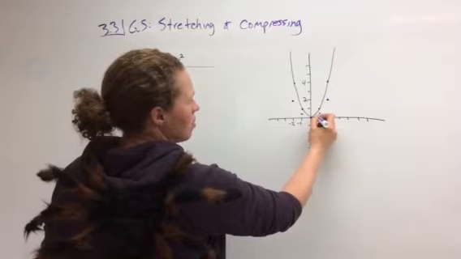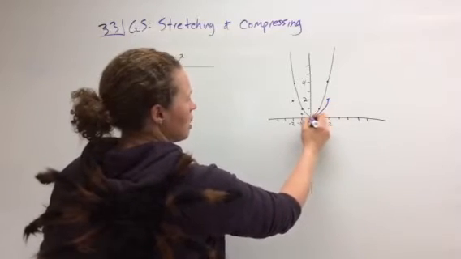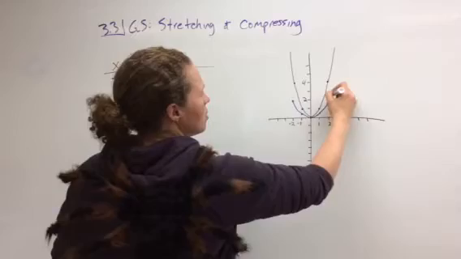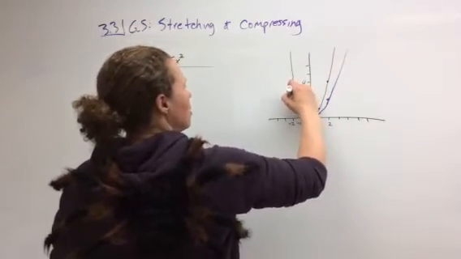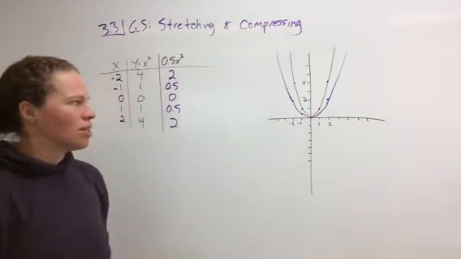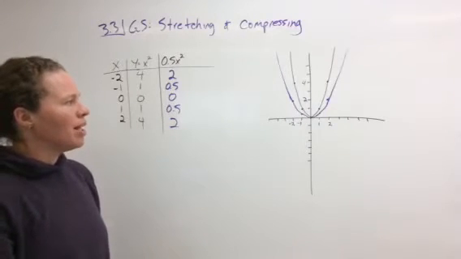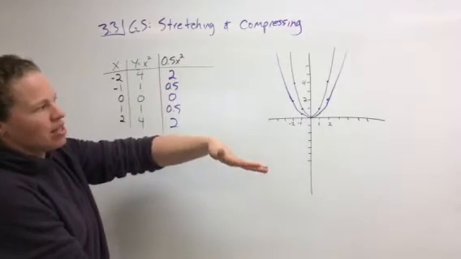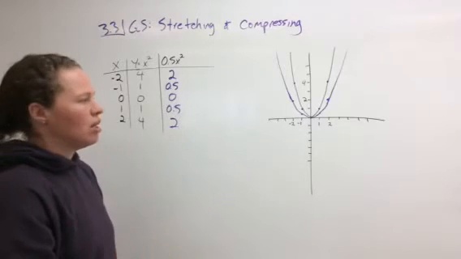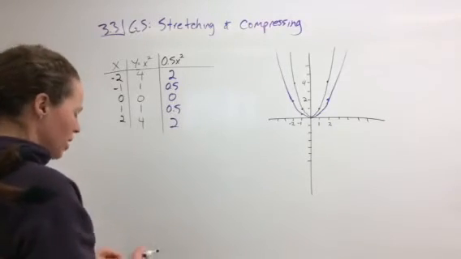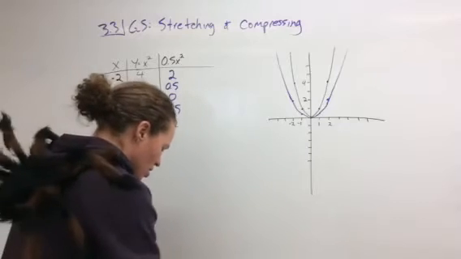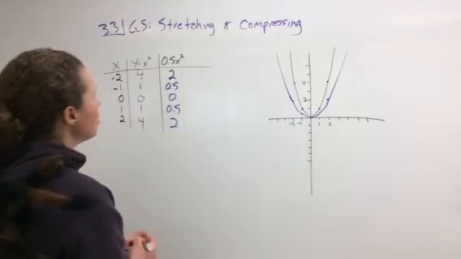So then we know that this original plot's still 0, and we can just extend that pattern up because we know that it's going to follow the same shape. And you can see that when you multiply by a decimal, it's actually compressing the graph, squishing it, if you will.